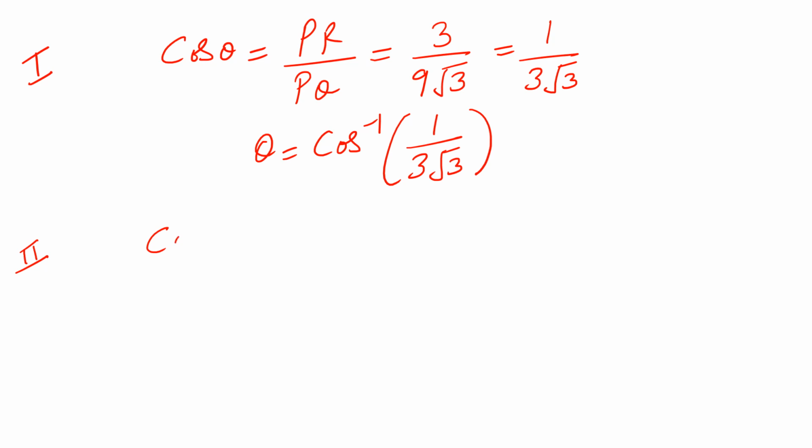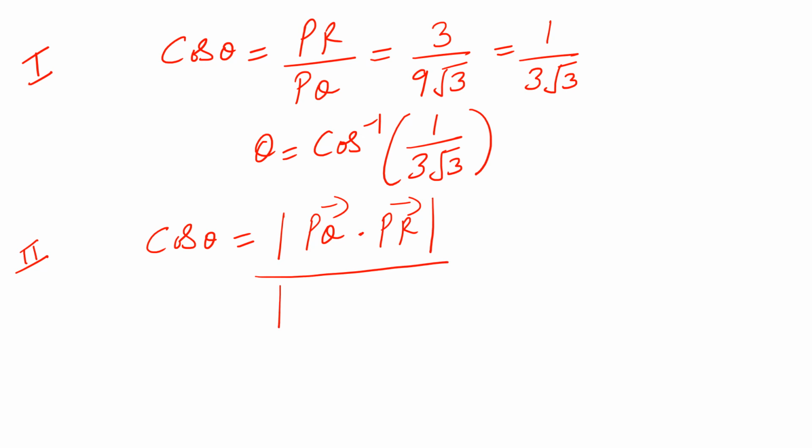Now cos theta can be written as mod of PQ vector dot PR vector whole divided upon mod of PQ into mod of PR.